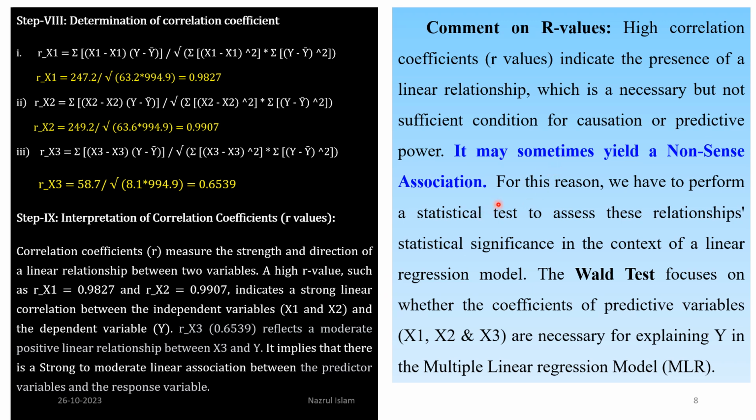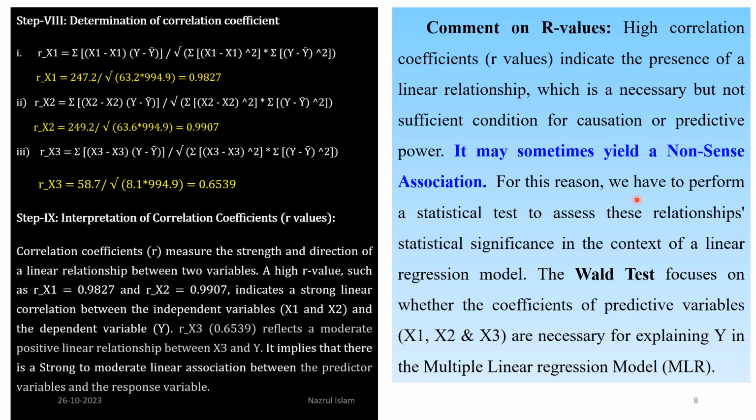Here to note that high correlation coefficients R values indicate the presence of linear relationship, which is necessary but not sufficient condition for causation or predictive power. It may sometimes yield a nonsense association.